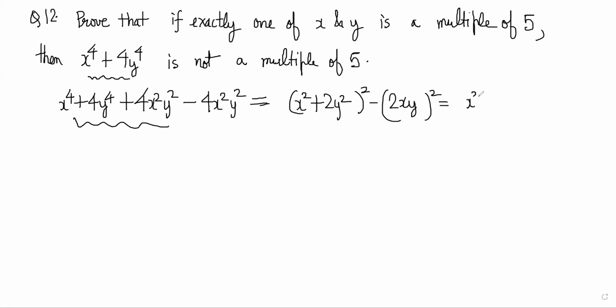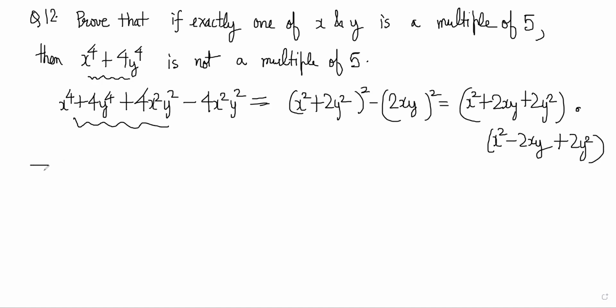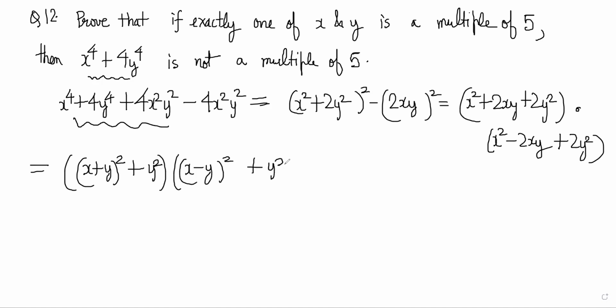So that becomes (x square plus 2xy plus 2y square) multiplied by (x square minus 2xy plus 2y square). And that becomes basically ((x plus y) whole square plus y square) multiplied by ((x minus y) whole square plus y square). This is what is coming here, right?